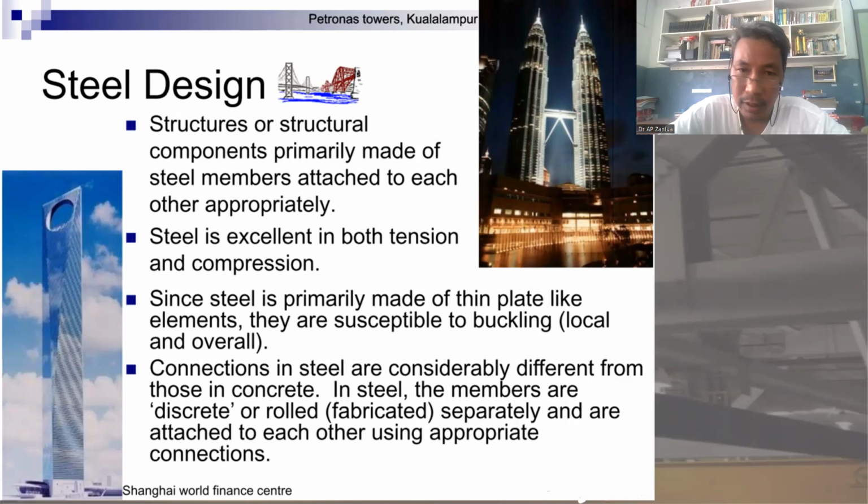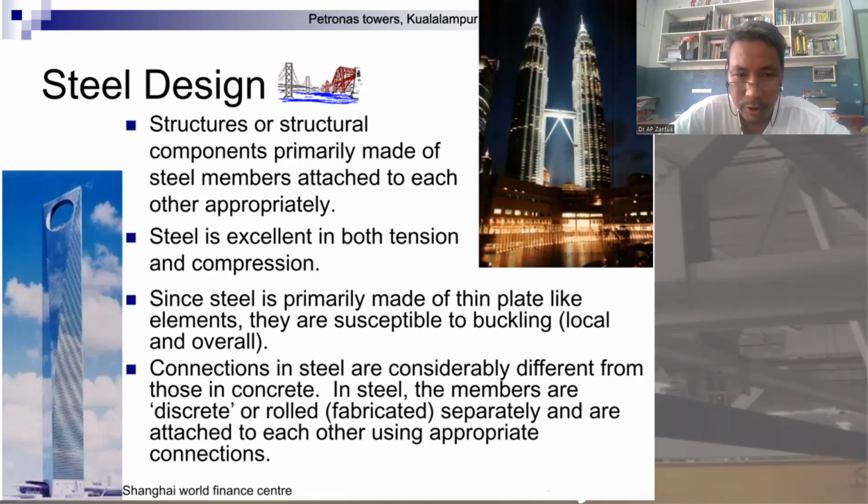Since steel is primarily made of thin plate-like elements, they are susceptible to buckling, local and otherwise. Lastly, since they have to be joined together, connections in steel are considerably different from when you are using other materials like concrete and wood.